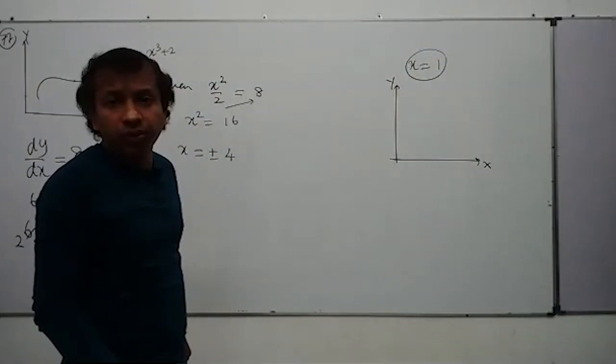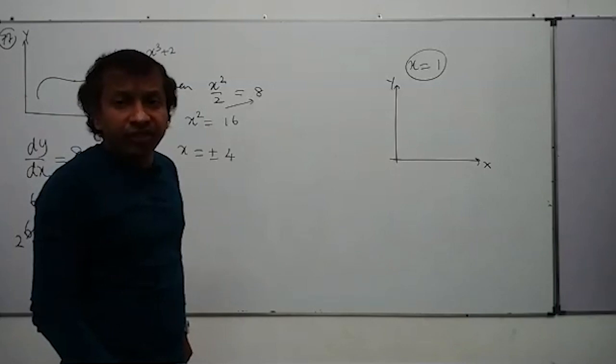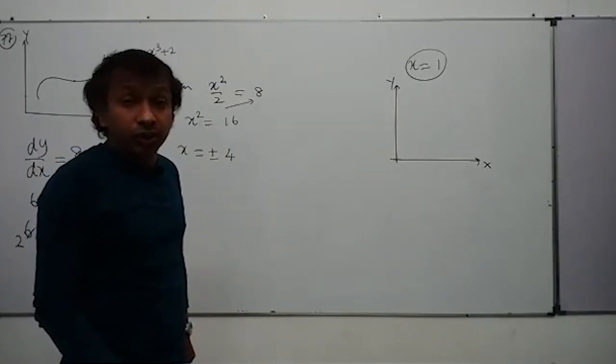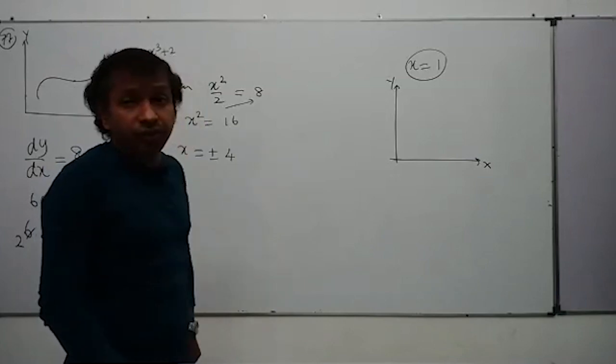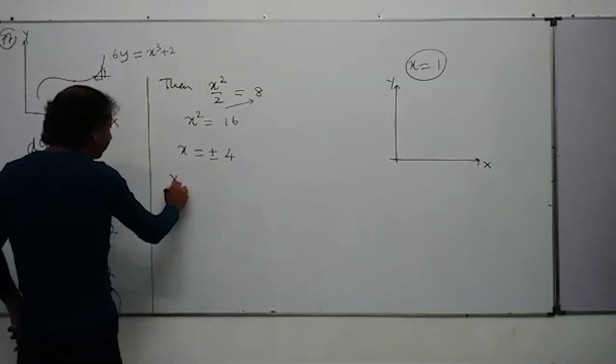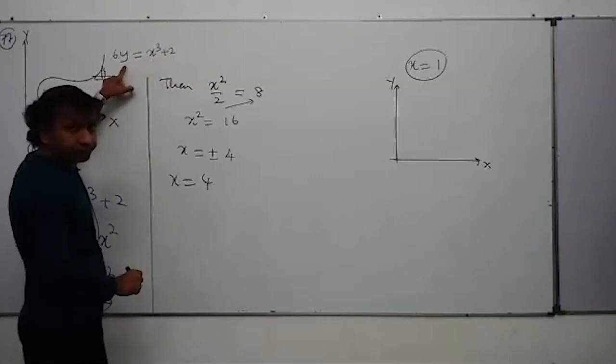No. To mark a point on the xy plane, we should have its x coordinate as well as y coordinate. The x coordinate we found already, the y coordinate we have to find. So taking x equals 4 and substituting here, we find this y.